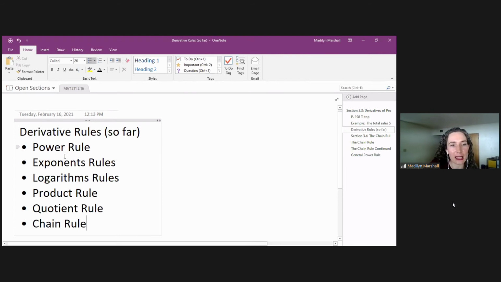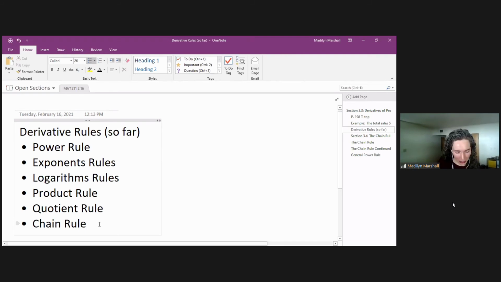And so each of these is for a different specific kind of function. So our power rule is just for things of the form x raised to a power. Exponents are things with x in the exponent, logarithms. And we just saw our product and quotient, which are things that are products or quotients.